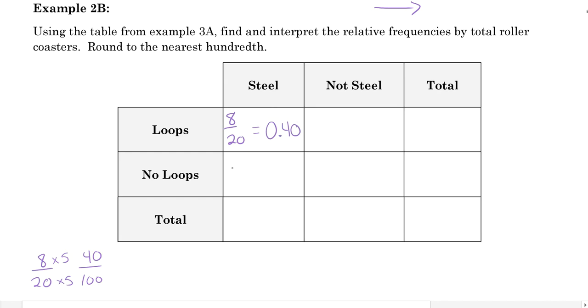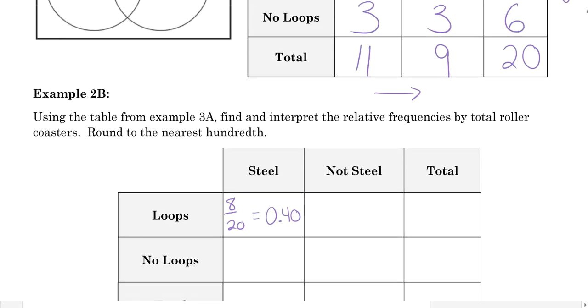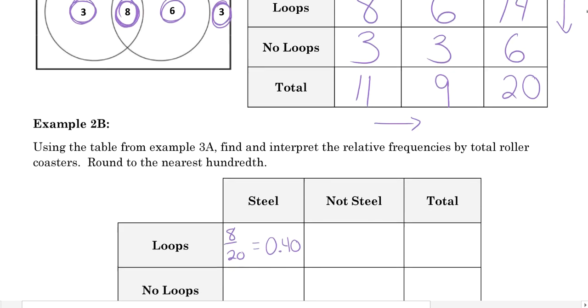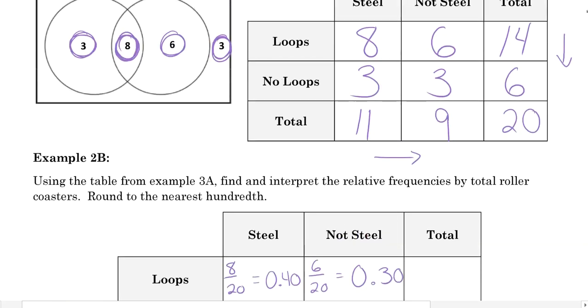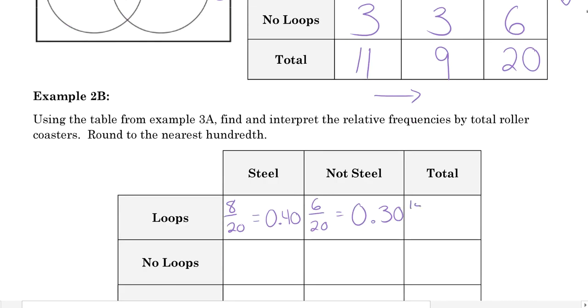Okay, if I'm looking at my not steel but has loops, that would be 6 out of 20. So if I multiply both of those by 5, that would be 30 out of 100, which would be 0.30. And then 14 out of 20.